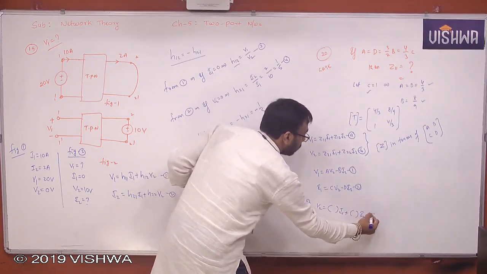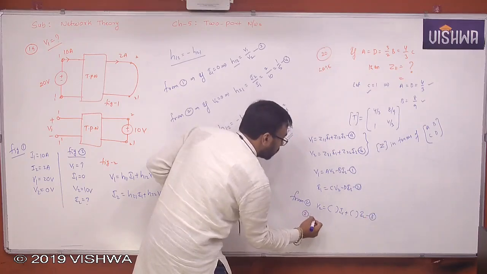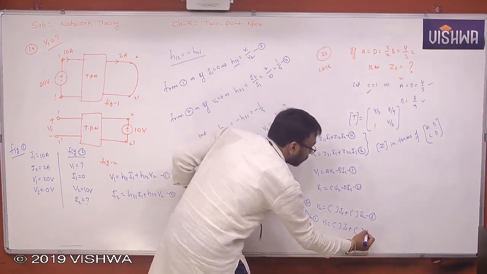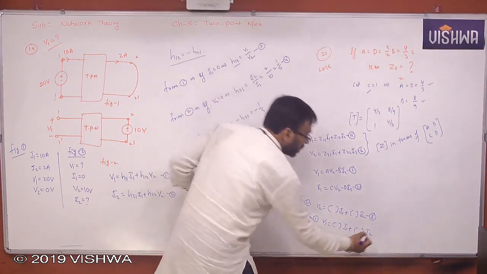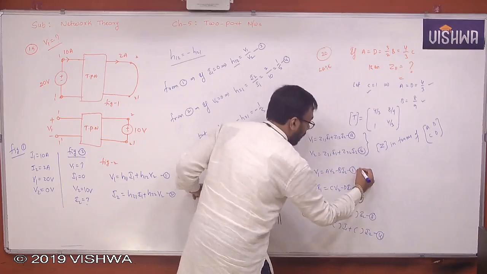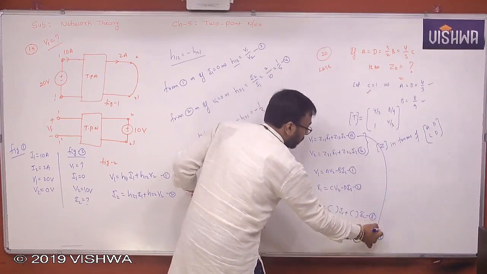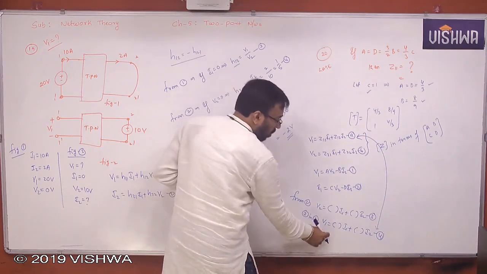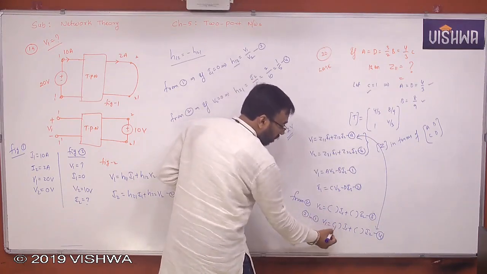You call it 3. Now 3 in 1, if you substitute, V1 is equal to something into I1 plus something into I2. That's it. So this is 4. Now this 4 and equation A are compared. Understand?